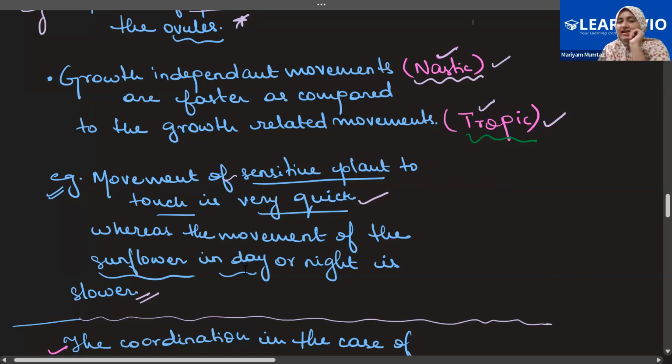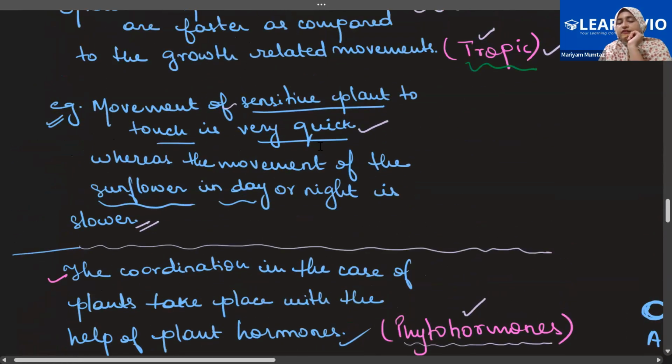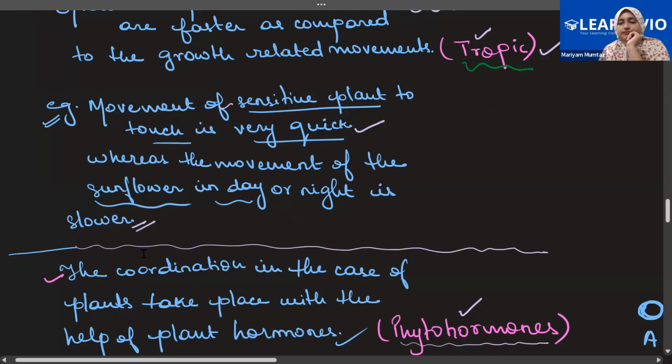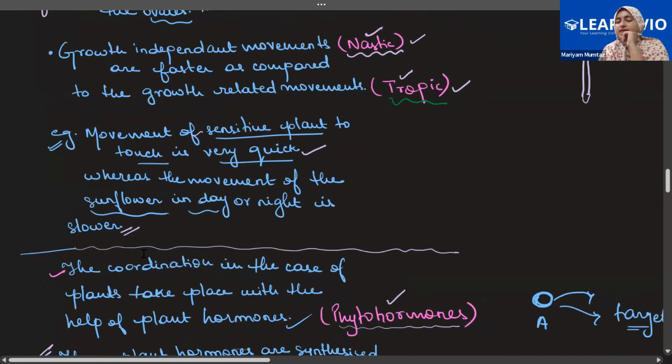So we can say that the nastic movements or the growth independent movements of the plants are faster if you compare them with the growth related movement or the tropic movement. The movement of the sensitive plant to touch is very quick, whereas the movement of sunflower in a day or night is slower. Any doubts up until now, students?